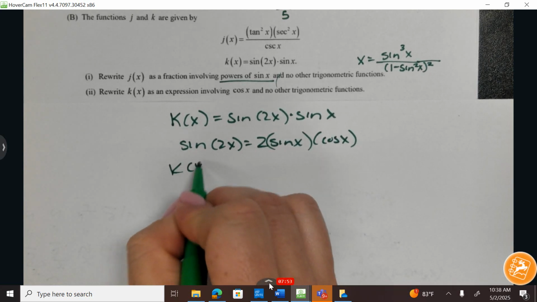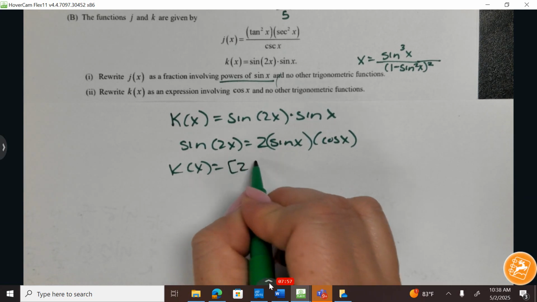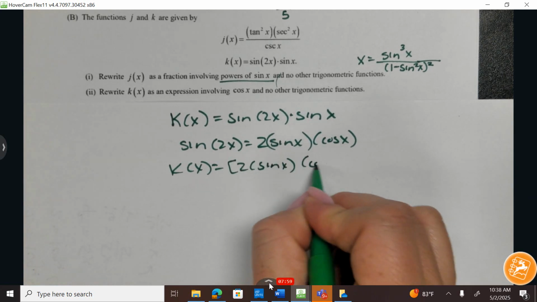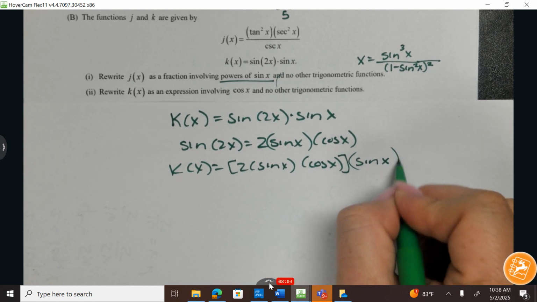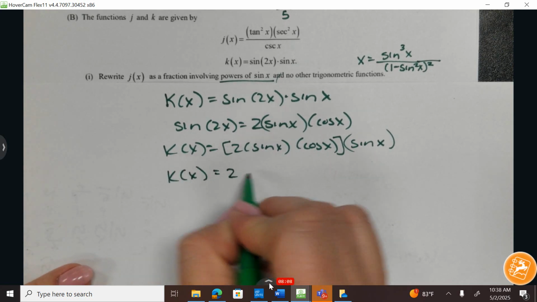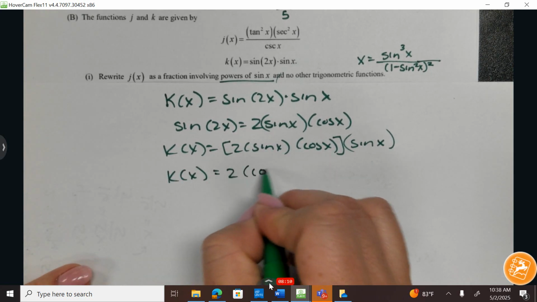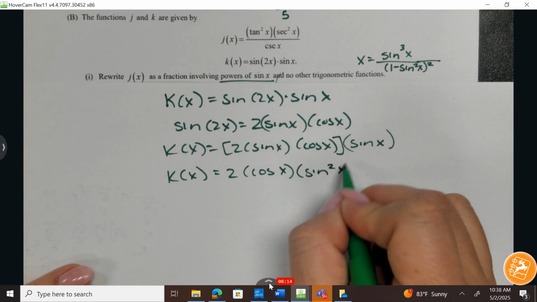So I'm going to replace this portion with 2 sine of x cosine of x times the sine of x. Alright, so I have 2, and maybe I want to write the cosine first, it doesn't make a difference. And then I have sine squared x.